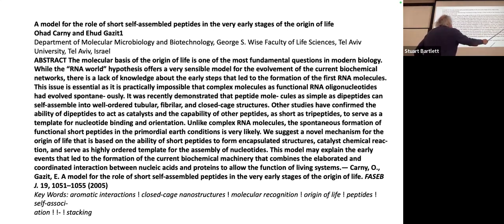We suggest a novel mechanism for the origin of life that is based on the ability of short peptides to form encapsulated structures, catalyze chemical reactions, and serve as a highly ordered template for the assembly of nucleotides. This model may explain the early events that led to the formation of the current biochemical machinery that combines the elaborate and coordinated interaction between nucleic acids and proteins to allow the functioning of living systems.